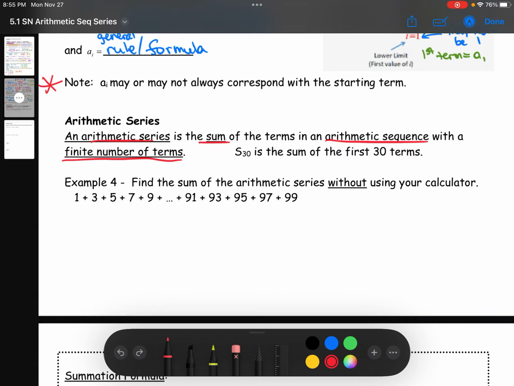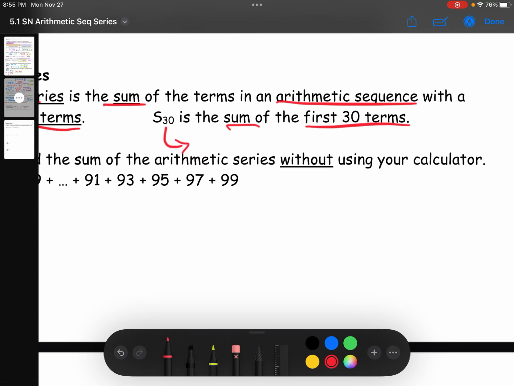Capital S sub 30 is the sum of the first 30 terms. And that works in this notation. a sub 1 is the first term in the sum. So this capital S notation only works if you're starting with a sub 1.